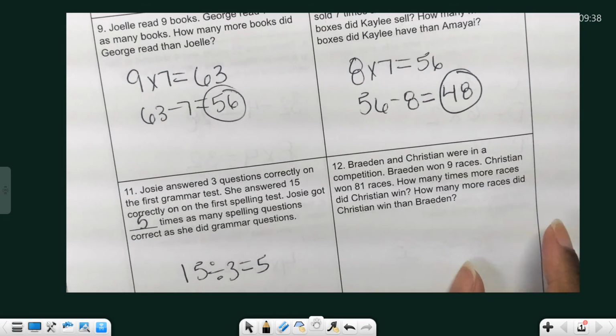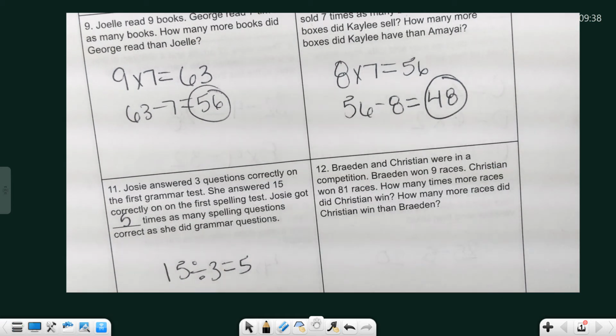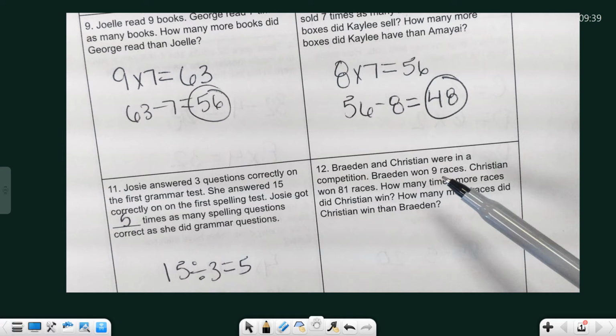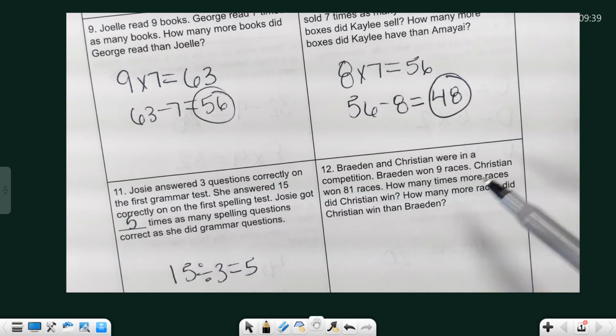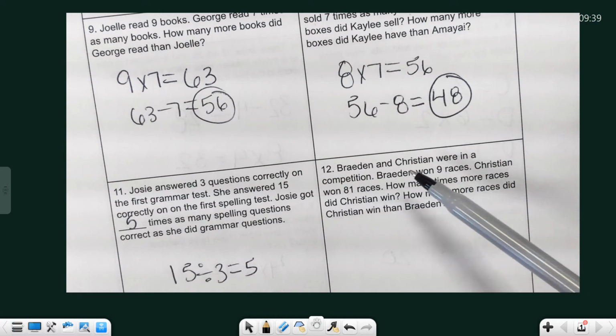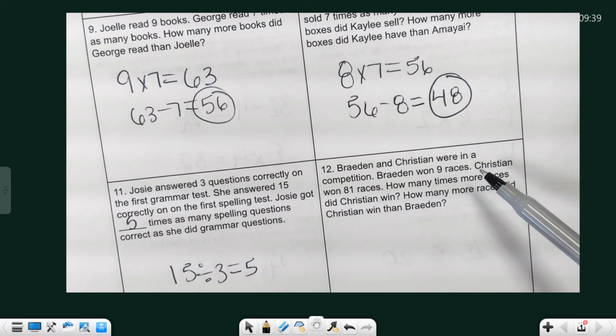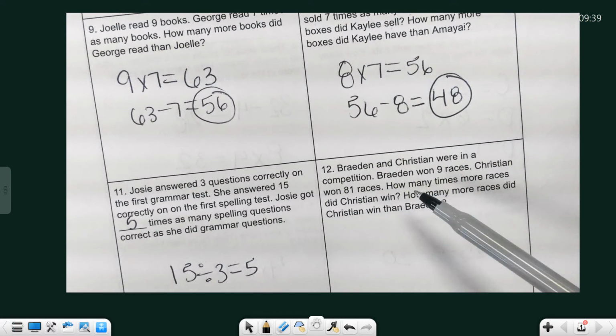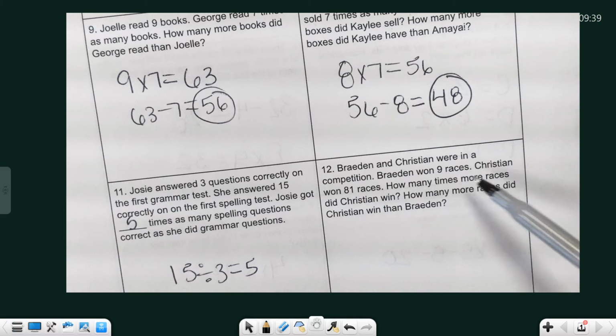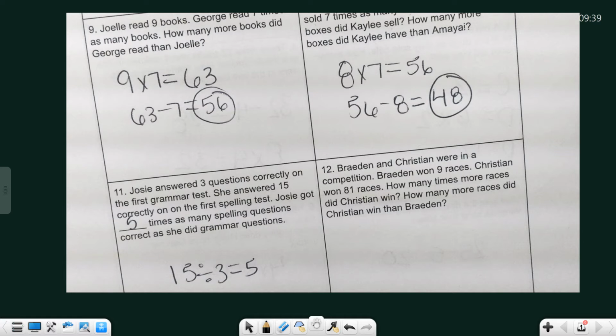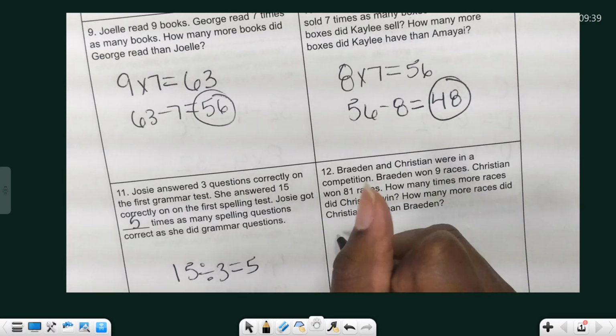All right. Number 12. Braden and Christian were in a competition. Braden won 9 races. Christian won 81 races. How many times more races did Christian win? How many more races did Christian win than Braden? So you got 2 questions. The first one, how many times more did Christian win? Jamaria. 81 divided by 9 equals 9.